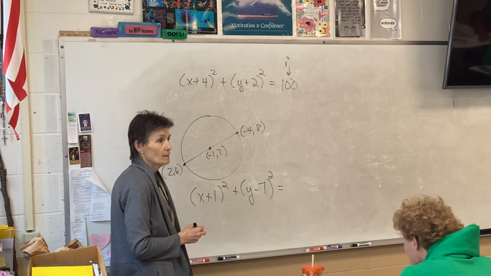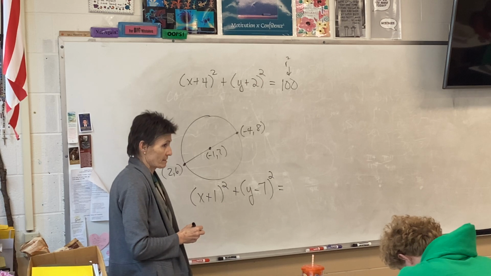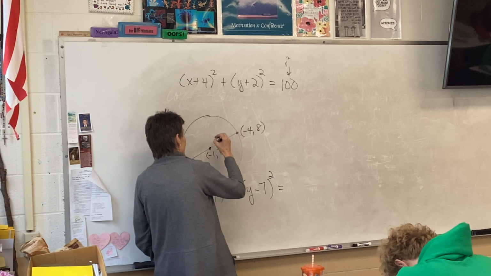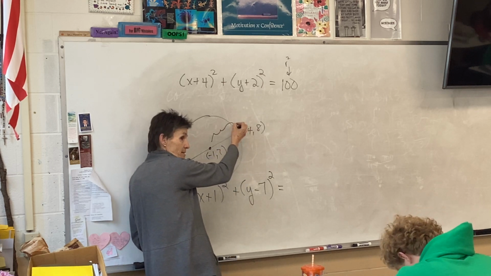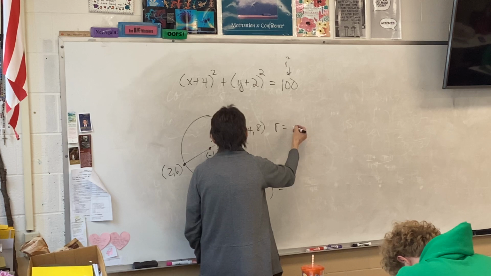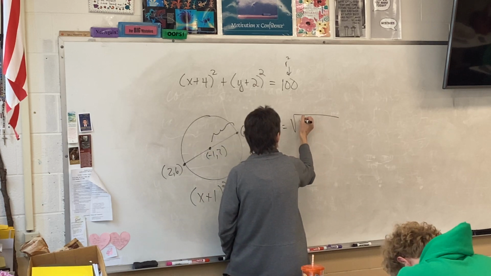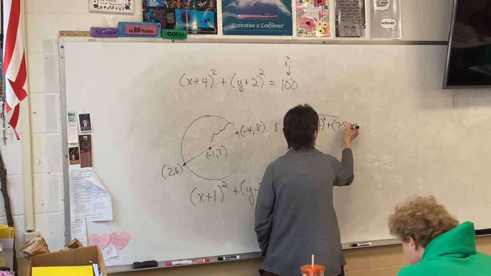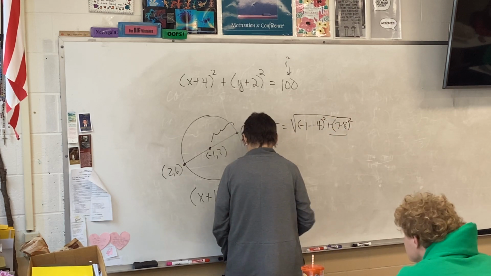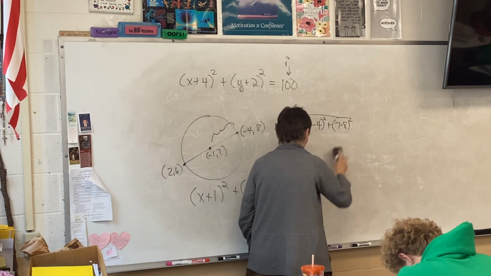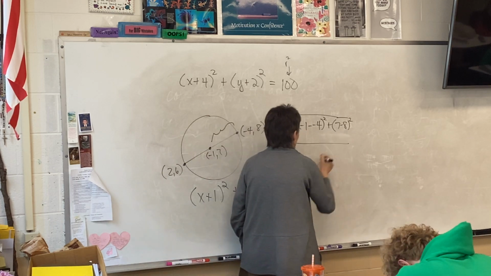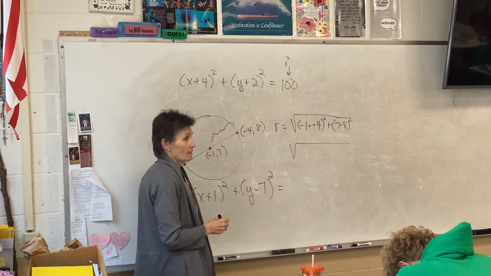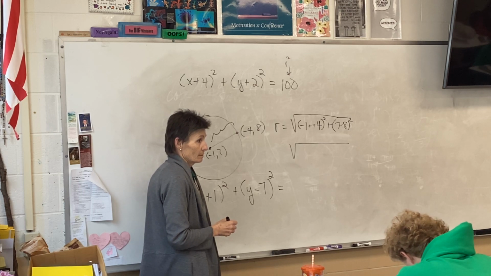Right? Now, how am I going to get the radius? I need to find this distance. So the square root of negative 1 minus negative 4. Watch it, there's a lot of negatives floating around here. Negative 1 minus negative 4 will be 3.